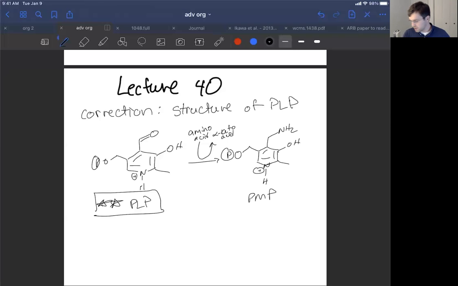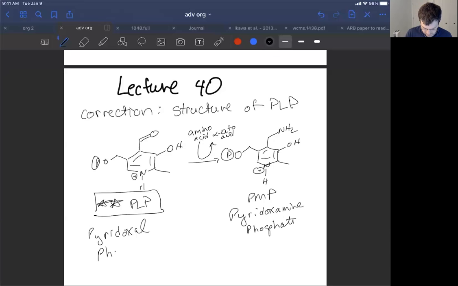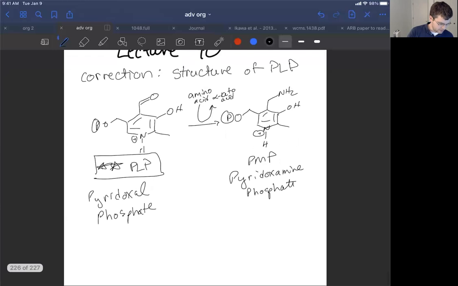Okay, and this is pyridoxamine phosphate versus pyridoxal phosphate. Okay, so that's that correction.